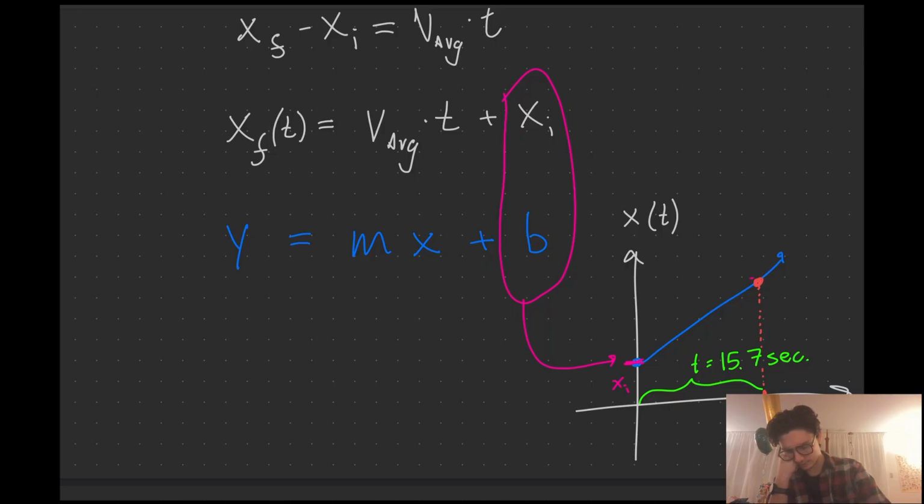And this value is going to be x final. And the slope over here is equal to v average.